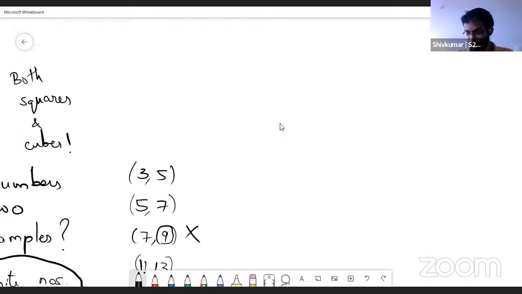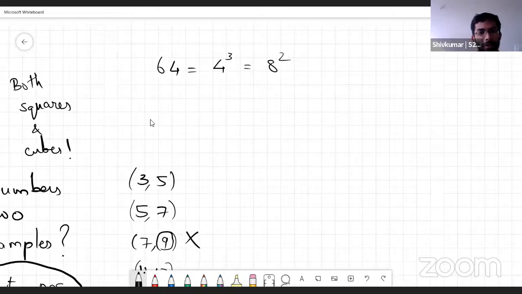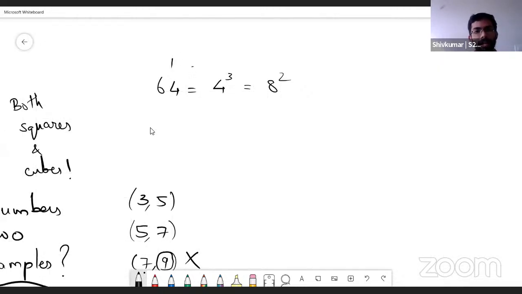Let us take the number 64. 64 is nothing but 4 cube, and this is also equal to 8 square. And then, of course, we have 1, which is equal to 1 cube and also 1 square.